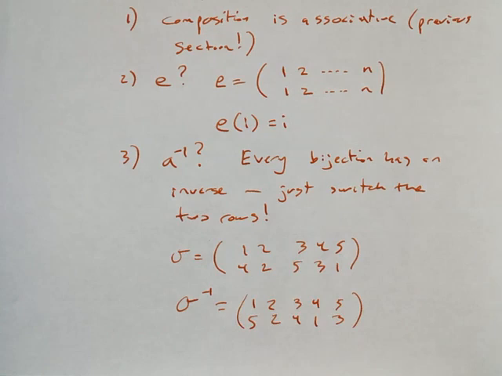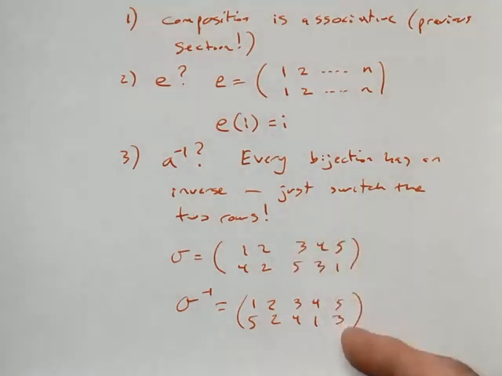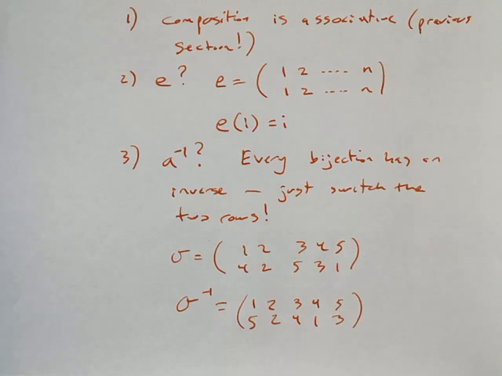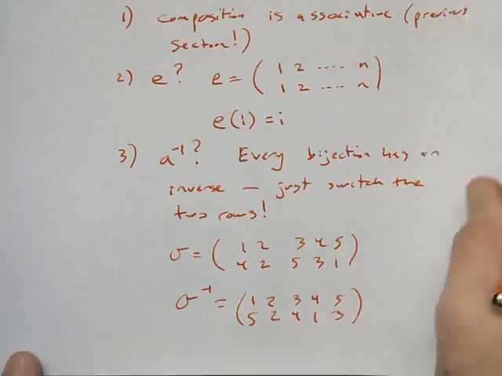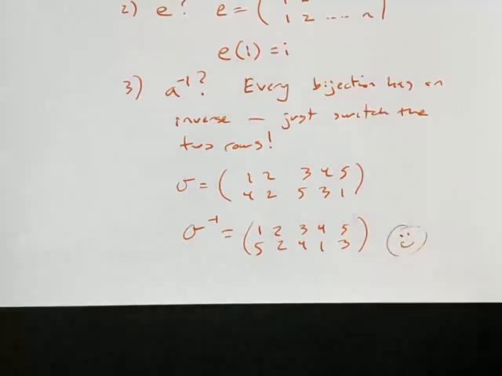And we can check that if you do sigma followed by sigma inverse, you're going to get the identity, right? Pick any number in sigma. 3 goes to 5, 5 goes back to 3, so 3 goes to 3. Sigma times sigma inverse gives me the identity. I have a group.